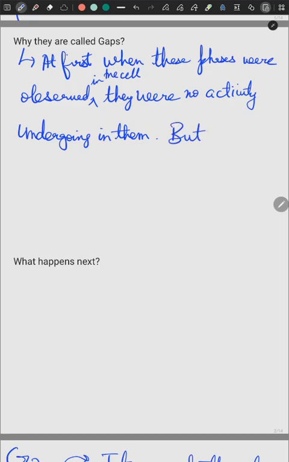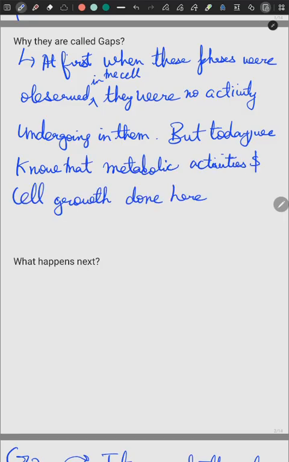But today we know that metabolic activities and cell growth happen here. So earlier they were called gaps, but now they are not.